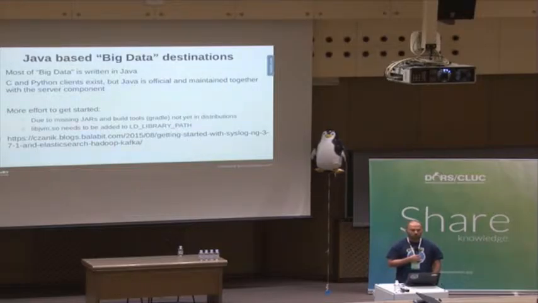Getting started with Java-based destinations is right now a bit more difficult than with the C-based destinations, as jar files and the build tools are not yet in most of the Linux distributions, but there are many third-party repositories with full big data functionality.